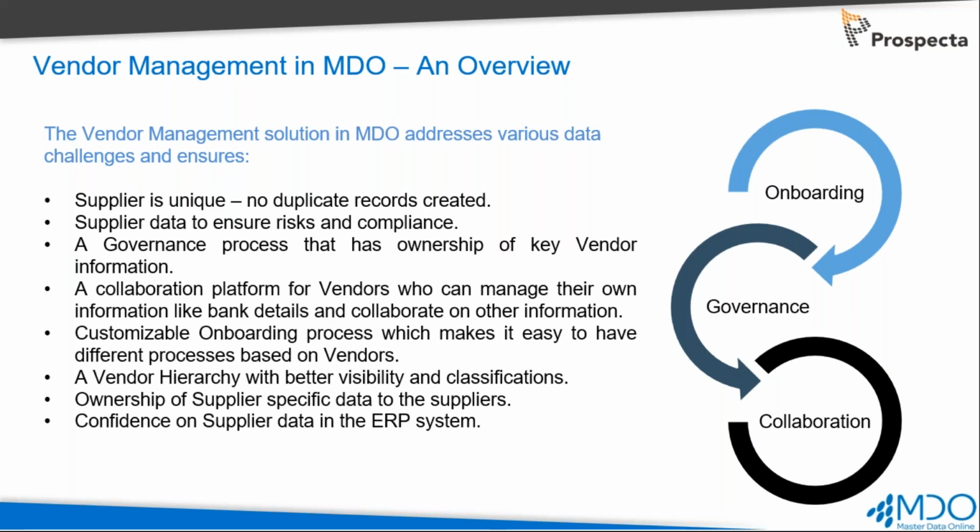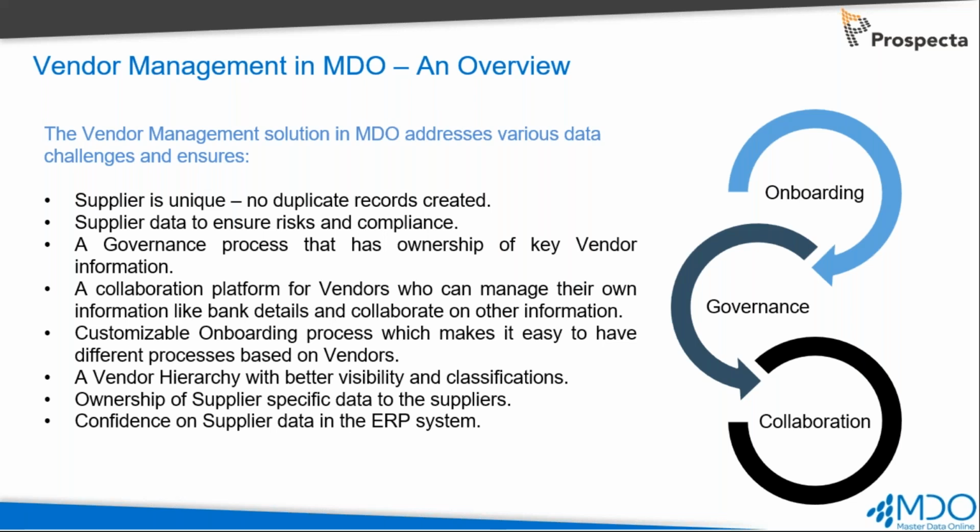It has ownership in terms of who fills up what set of data. So in MDO, the entire configuration of data ownership can be at one field level. So individual fields can have one business function that owns it, and unless they have either entered it themselves or verified that data, that record will not flow into the next step of the workflow.